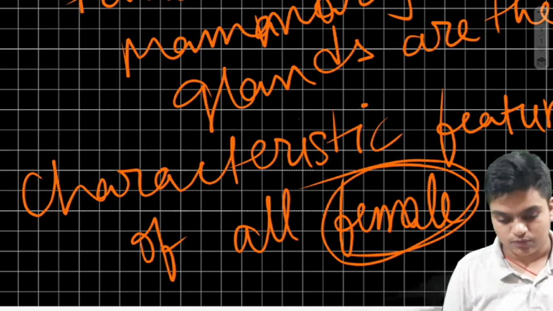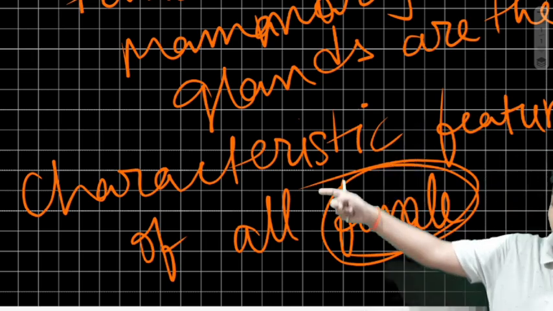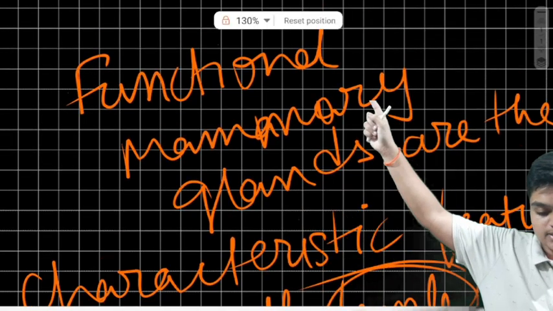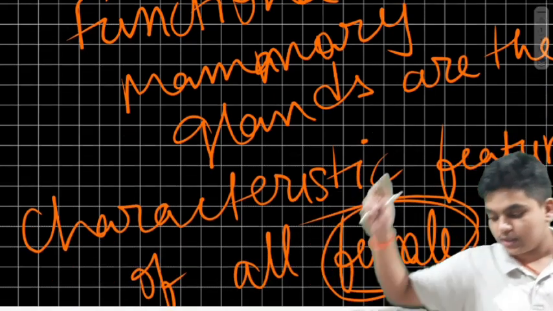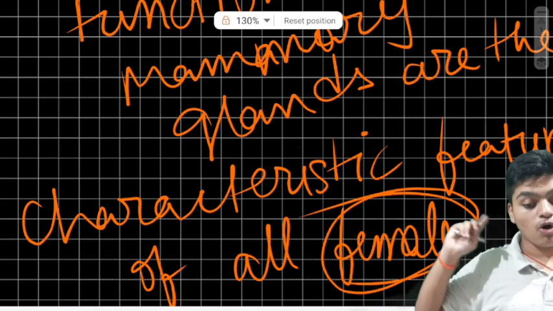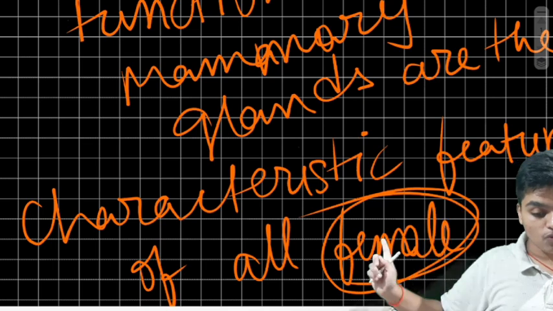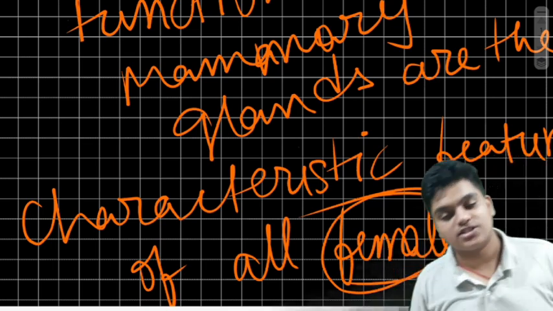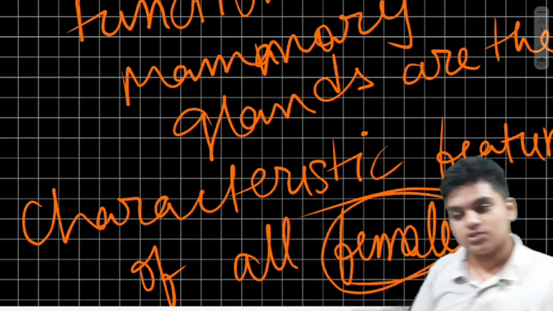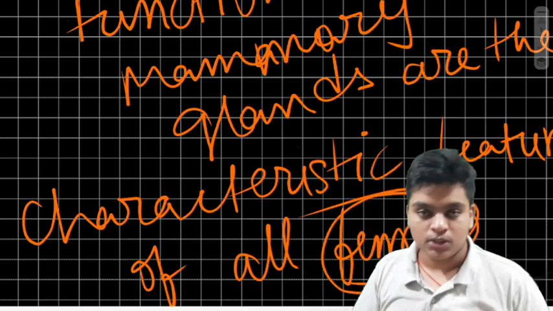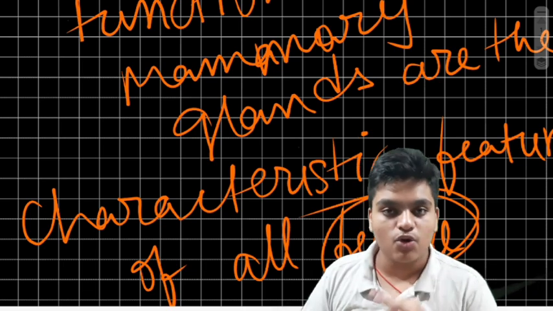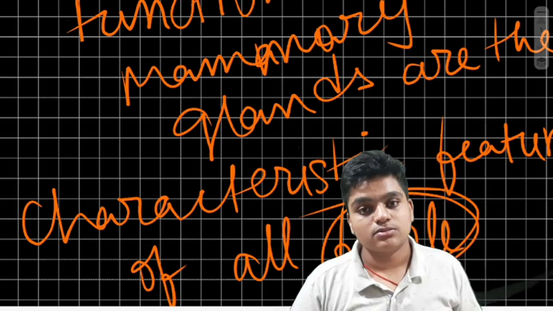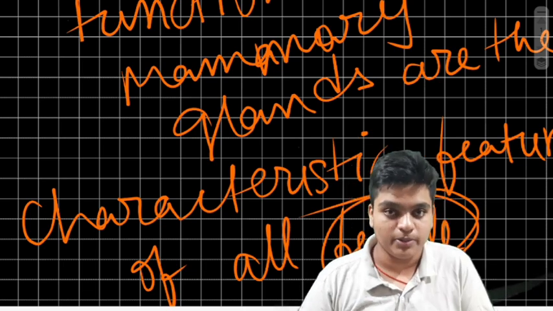The functional mammary gland is a characteristic of all female mammals. Not all mammals, but all female mammals. This question might trick you. They can ask you the statement that the functional mammary gland is the characteristic of all mammals. That would be wrong.